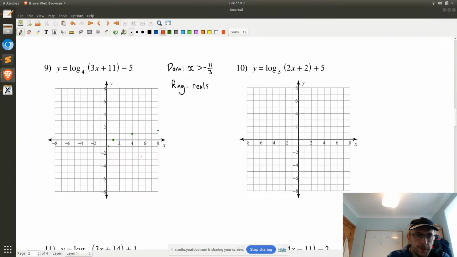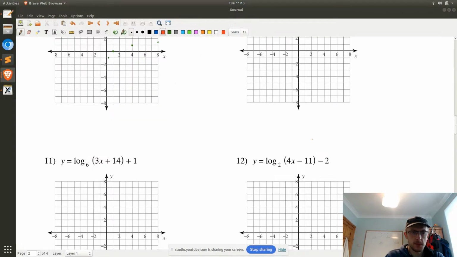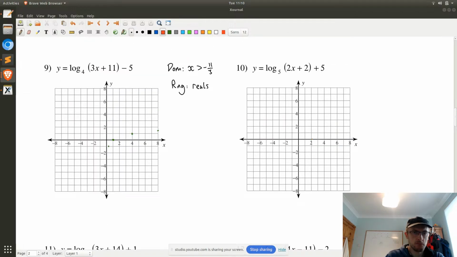Okay, so my points of interest are where it intercepts the axes. That's what I really care about.